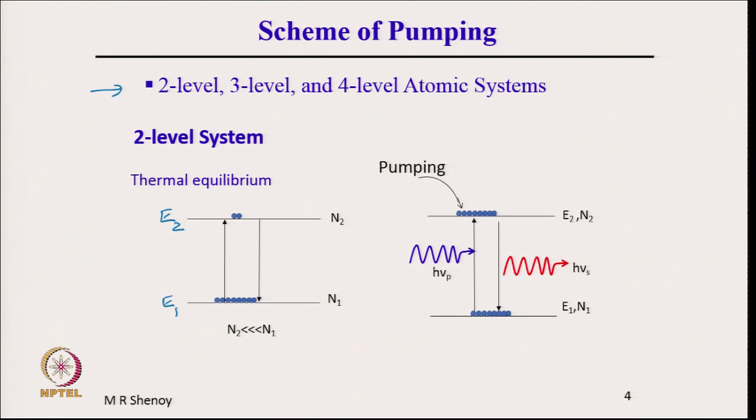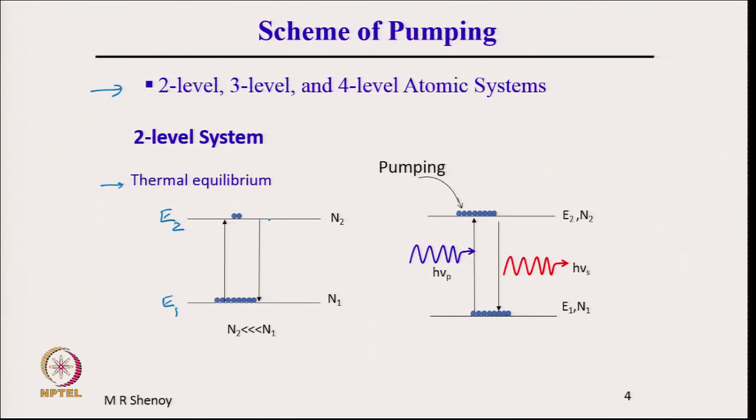So, first at thermal equilibrium, there is no external radiation. At thermal equilibrium, atoms can get excited to a higher state and they would also come down, de-excite to the ground state.